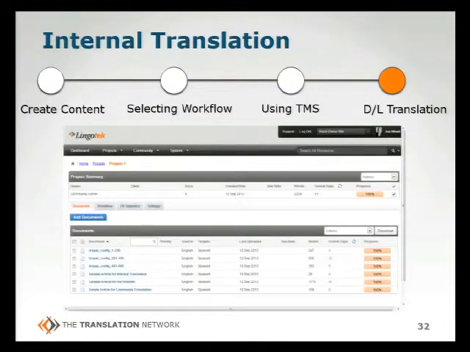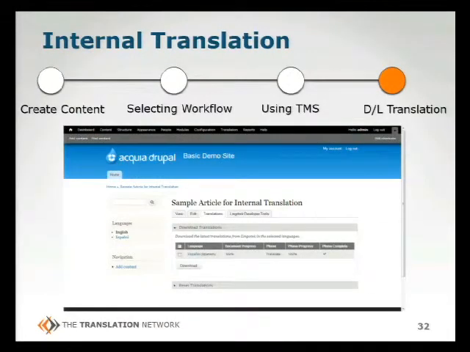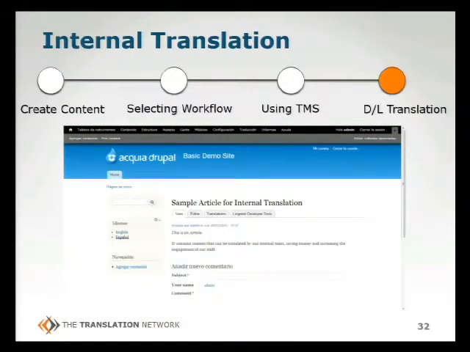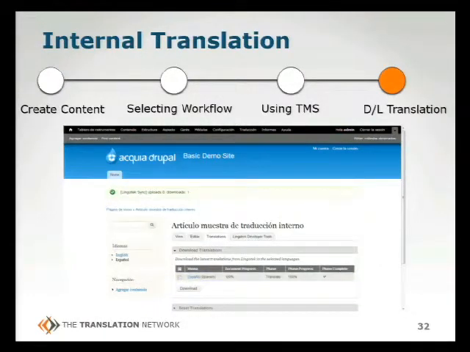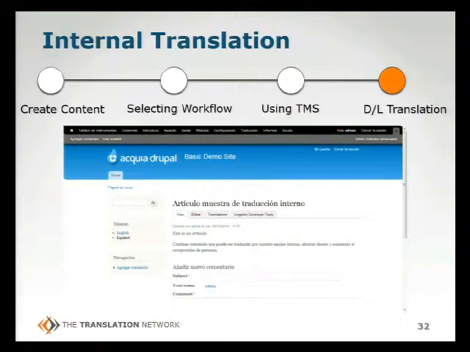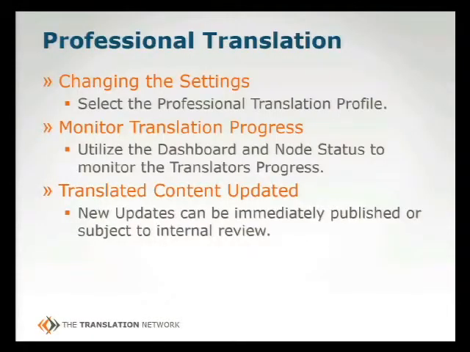And you can see now in the administrative view that the Spanish is at 100%, and it goes right back down to Drupal, and is available to be published, along whatever workflow process you've got built out. So whether it gets published immediately or it gets an in-context review, that depends on how Drupal is configured to manage the workflow. But as you can see here, Spanish content, English content, very simple process.